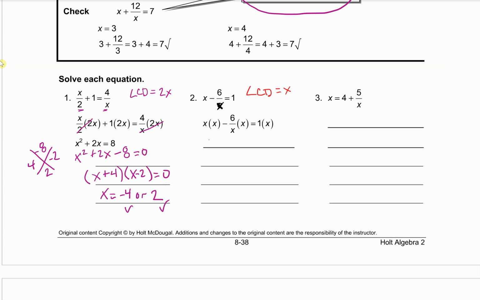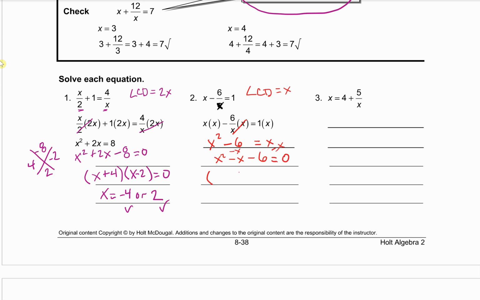What happens here? X squared. What happens in the middle? X's cancel out. So I just get minus 6. And what does that equal? That equals x. I'm going to set it equal to 0 by subtracting x from each side. So I get x squared minus x minus 6 equals 0.